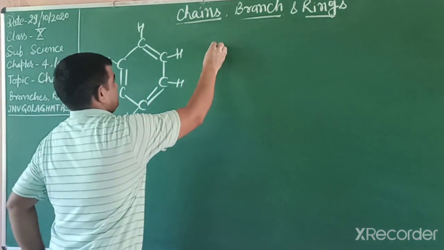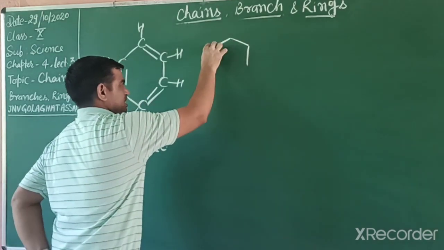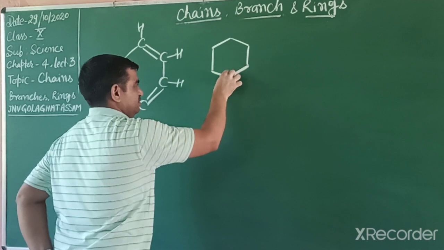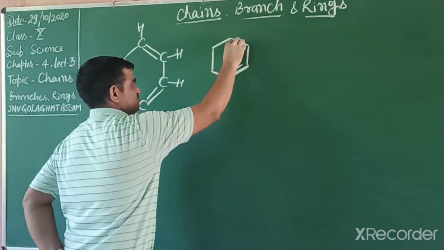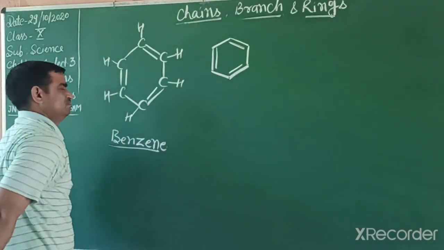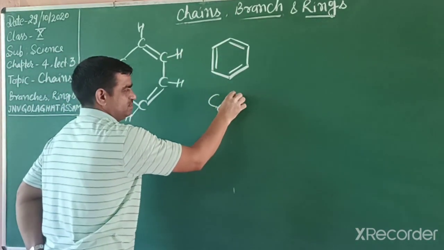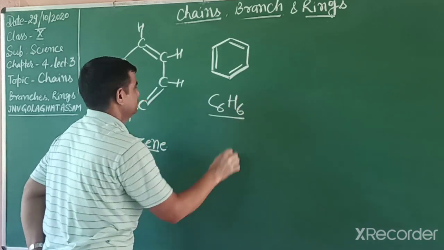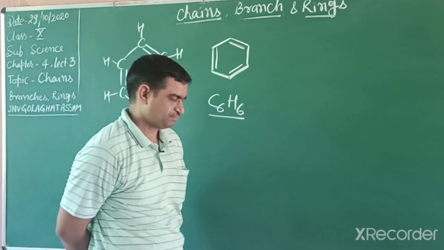This compound written like this, we can also represent in bond line formula like this, only representing the double bonds, and its molecular formula is C6H6, 6 carbons, 6 hydrogens.